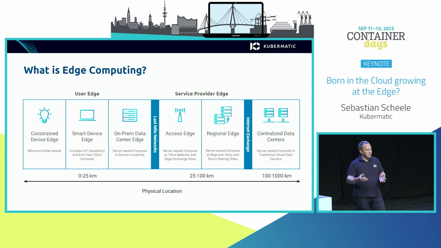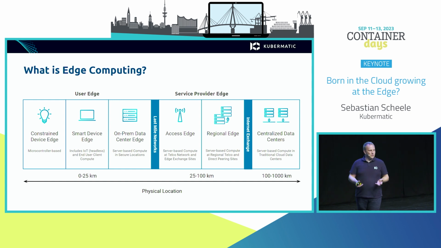Then comes the user edge, especially in a B2B case, on-premise data centers, your home equipment. Then comes smart device edge, like iPhones and IoT devices. And the latest is really constrained device edge, like microcontroller-based devices, where we have only a limited amount of CPU and RAM capacity.